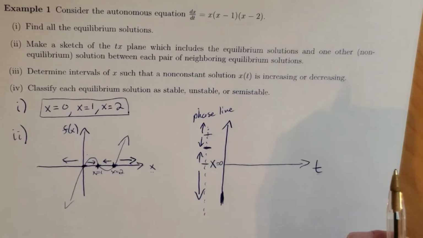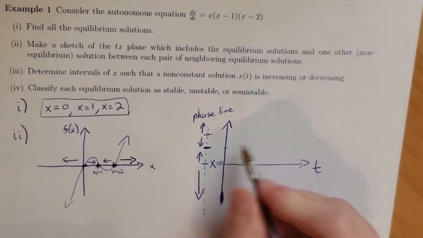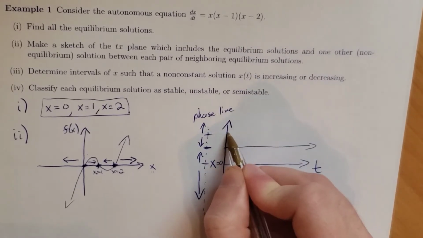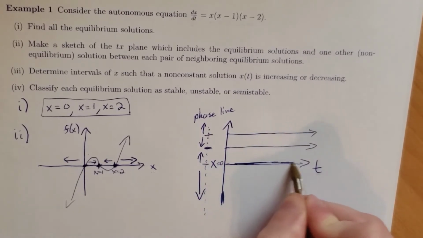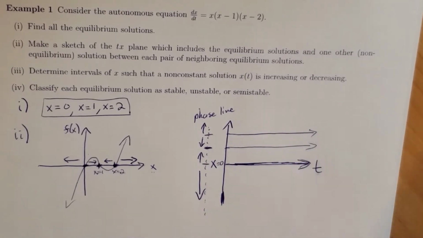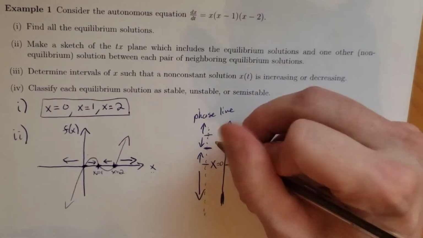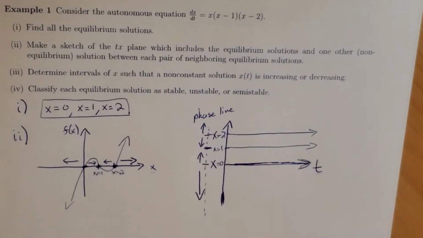Okay. Now, what can we do with all of this information? Well, we want to draw our equilibrium solutions. So each of those x equals c lines is an equilibrium solution. x equals 2, x equals 1, x equals 0.